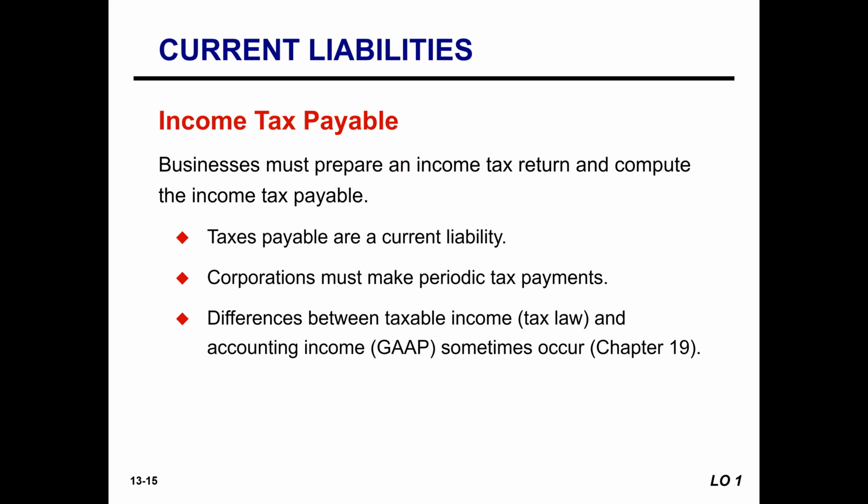But the easiest way that I can explain this to you is that we take net income from our income statement, right? We've calculated this many times. We've practiced this many times together, right? So we calculate net income from our income statement. And then we use that net income basically as a starting figure on our tax form.